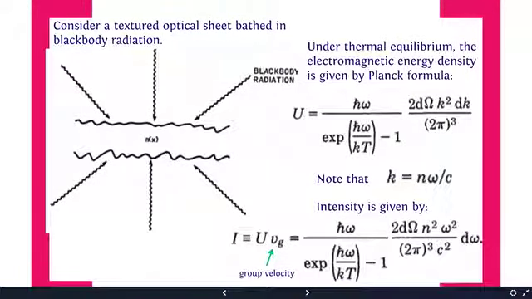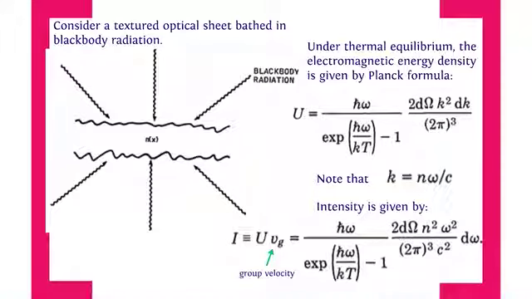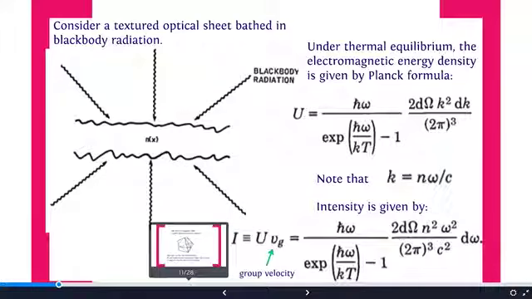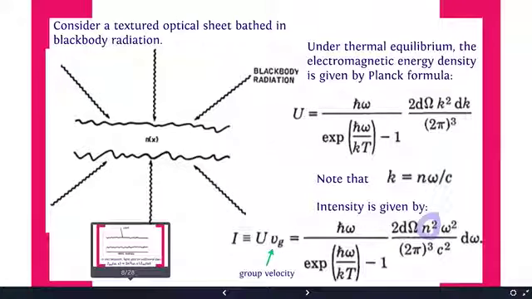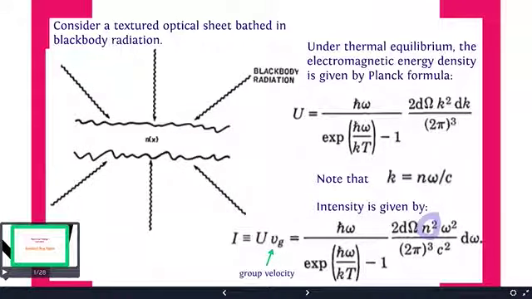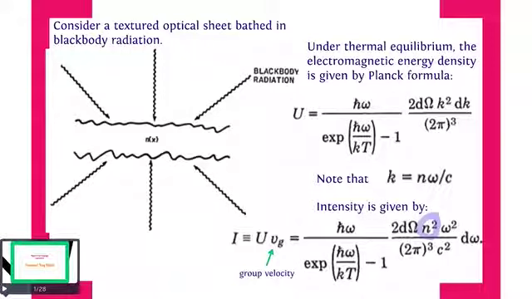If I multiply it out, you get an expression which looks like this. The only thing I want you to see is this n squared. So you can see that the intensity of light is proportional to the square of the refractive index of the material.